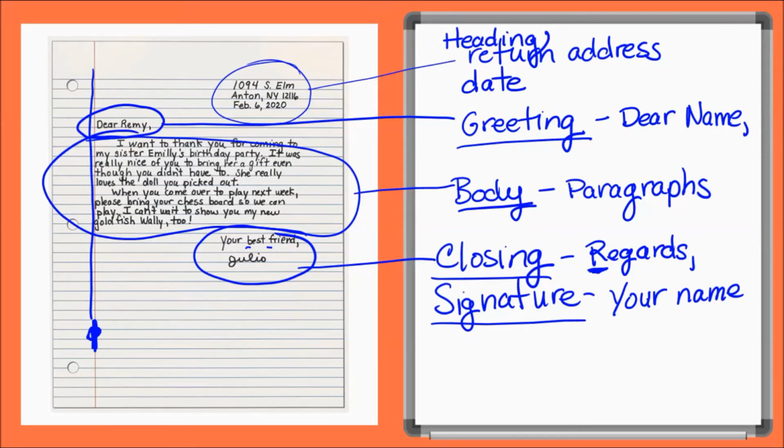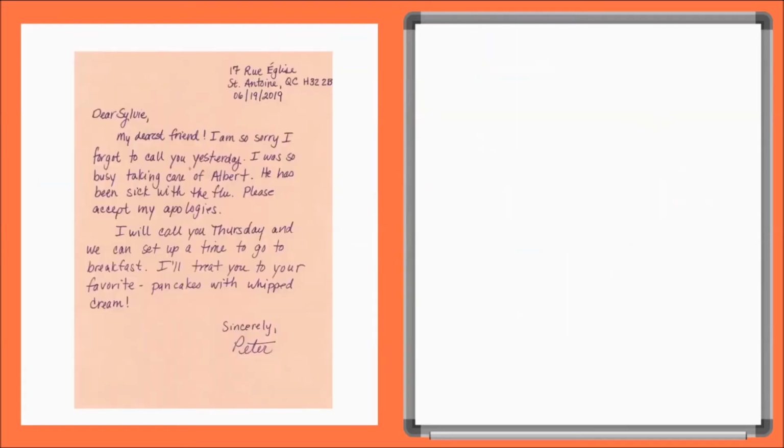But the heading, if you noticed, is away from the margin, very far. It goes on the same line with the closing. Can you see this? Now let me draw a line here so that you can see.